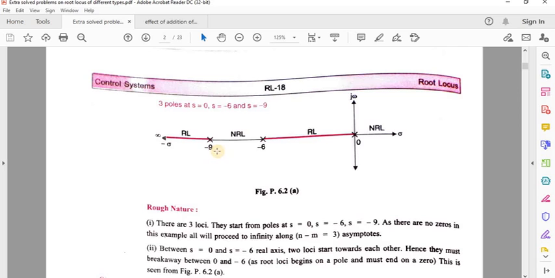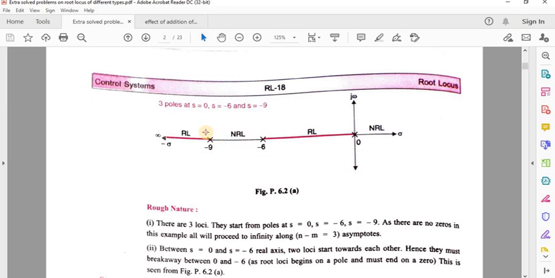Now in the period from -9 to -6, when we exclude this, we get two roots, one pole at -6 and one pole at 0. So there is an even number of roots present.